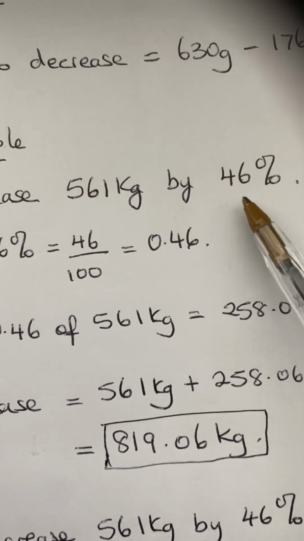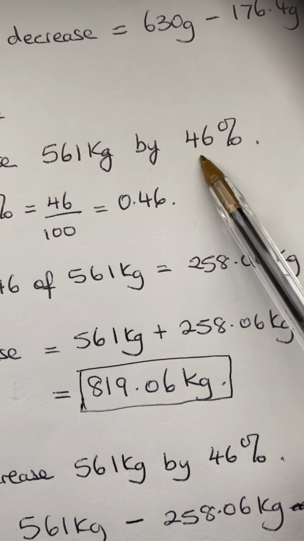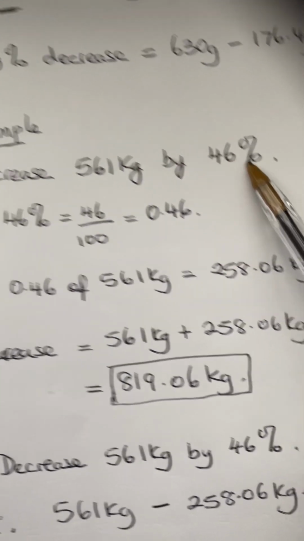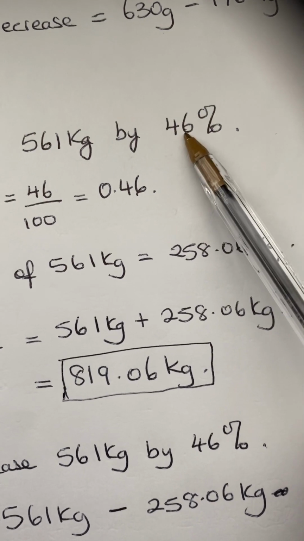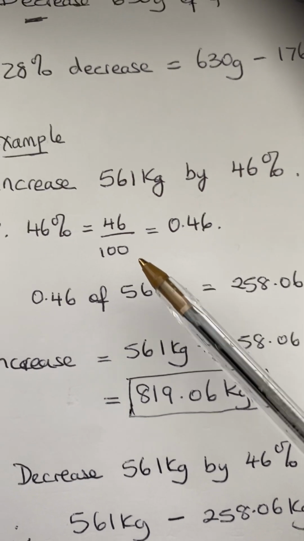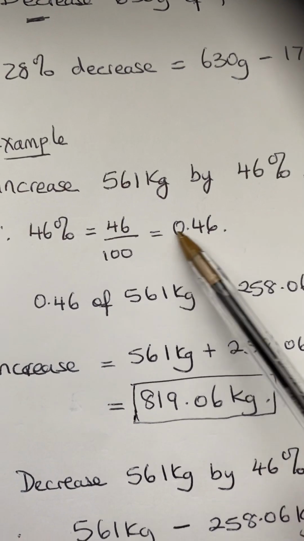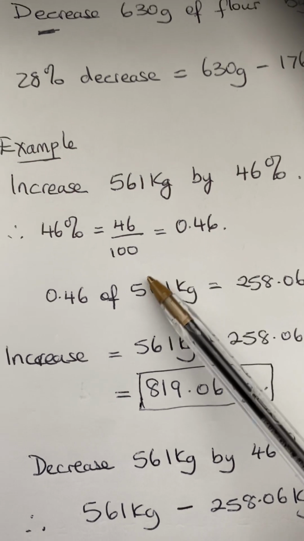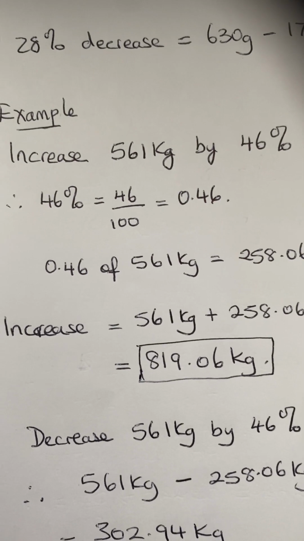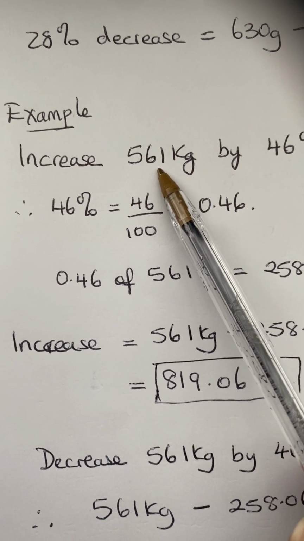I've shown you how to do this kind of question with the way we started. If you are not sure, you can do 1%, and multiply the value of 1% by 46. Whether the question is asking you to increase, you add; if it's asking you to decrease, you subtract from the value they've given you.